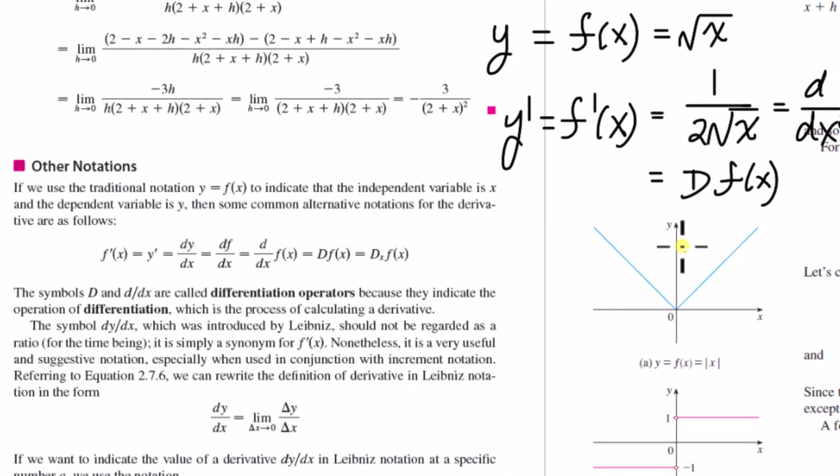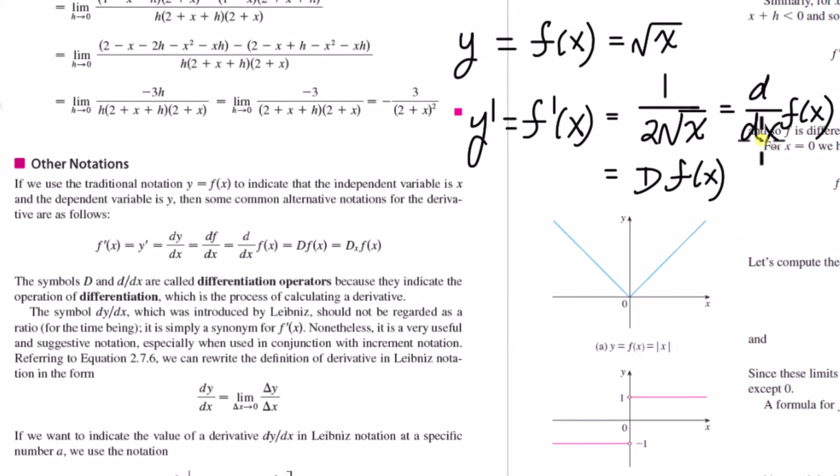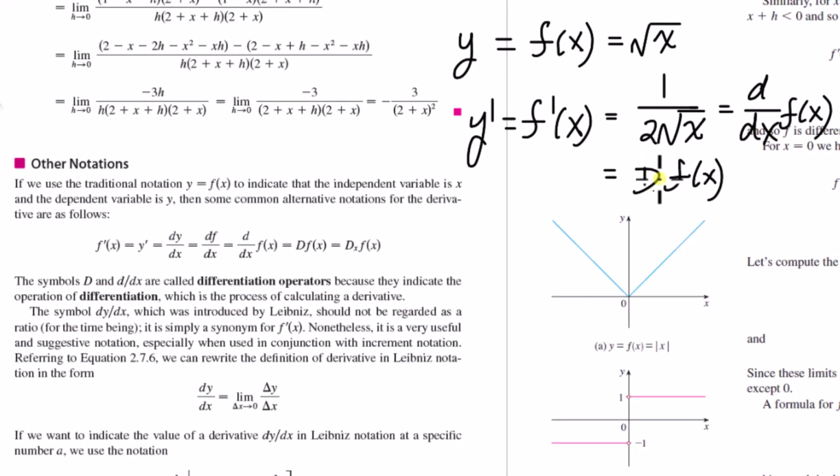So yeah, they're saying that it's really clear with this notation here and this notation here that you've got some operator acting on the function, right? The differentiation operator acting on the function f of x. And what they mean by operator, so, okay, a function takes in an input, a real number input, and outputs a real number, right?